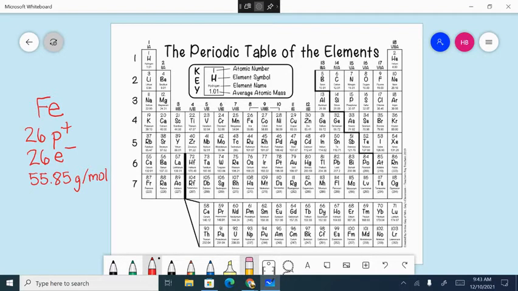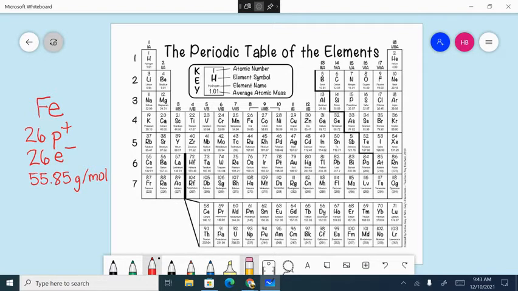That means if I take an entire mole, which we will learn more about as soon as we come back from winter break, it will have a mass of 55.85. So a mole is 6.02 times 10 to the 23rd particles. In this case, 6.02 times 10 to the 23rd atoms.